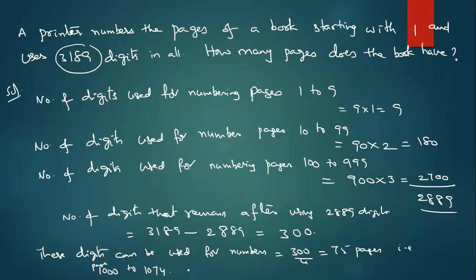Now, thus, the book has how many pages? The book contains 1074 pages. That is the meaning. Clear? Yes, sir.